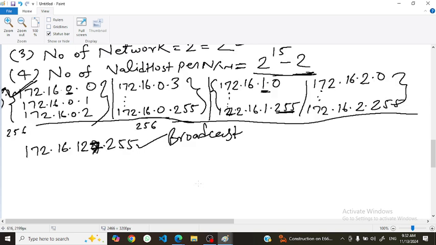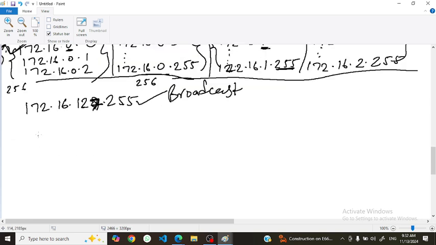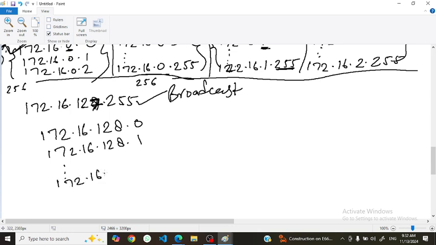So the next network will start from 172.16.128.0, and then 172.16.128.1 to 172.16.128.255.